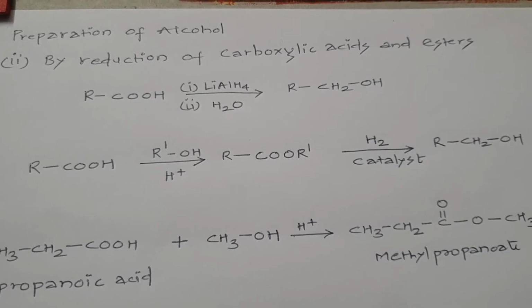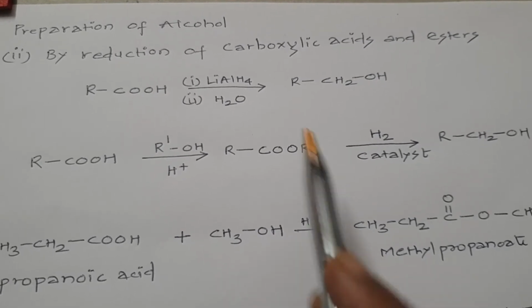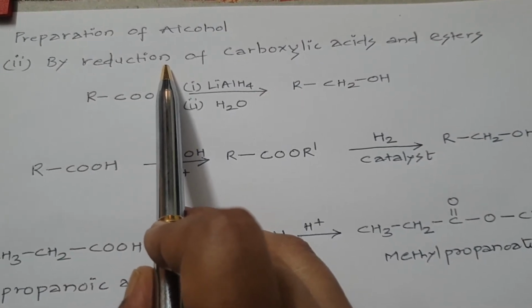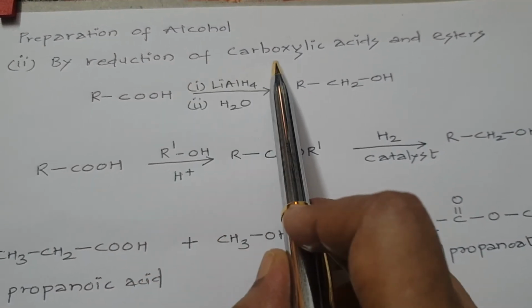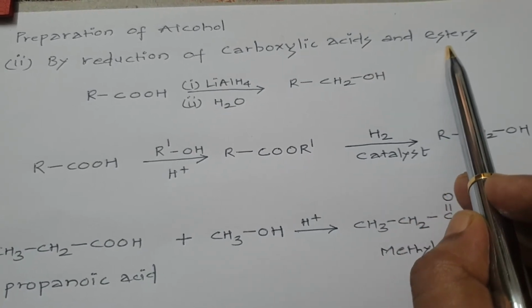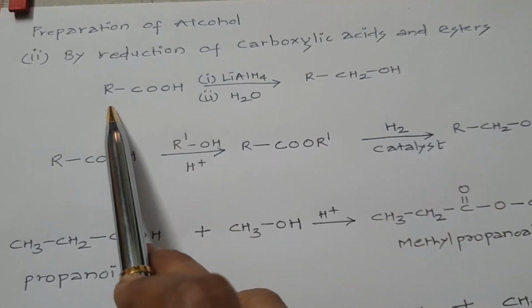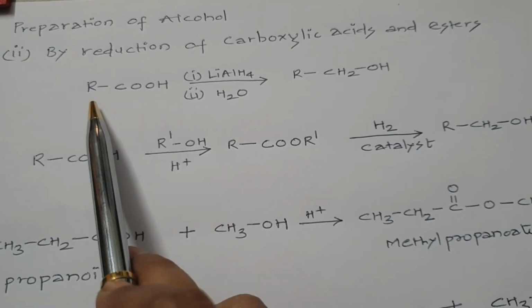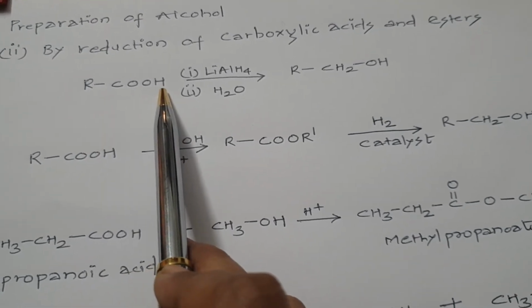Similarly, we can go for preparation of an alcohol by carrying out reduction, or addition of hydrogen, of carboxylic acids and esters. This is a representation of a carboxylic acid, RCOOH.